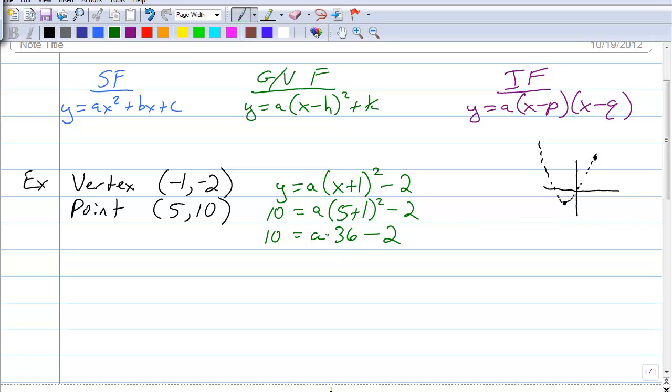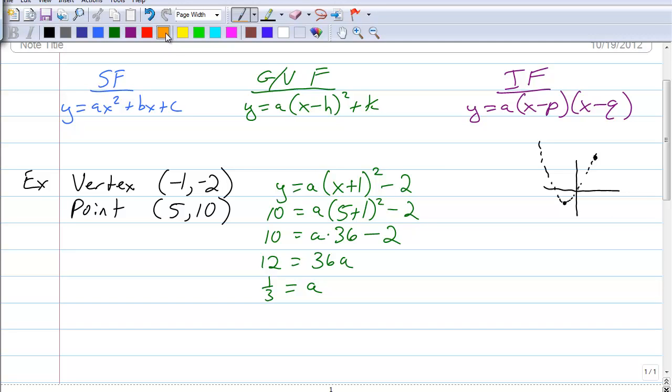Of course not. This is multiplying. The order of operations suggests that we have to do this. We're solving for a, so we got to get rid of the 2 first. Add 2, you get 12 equals a times 36, or 36a. Divide by 36 on both sides, you get 1/3 is a.